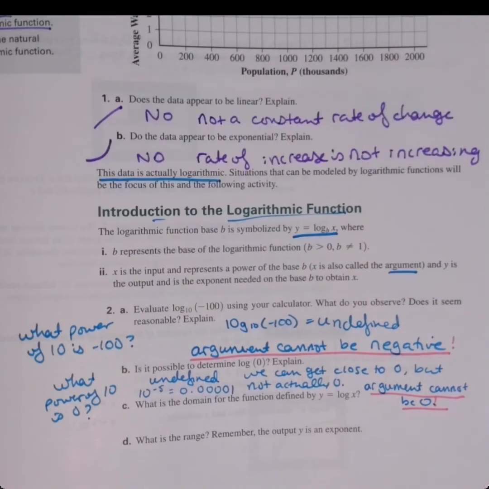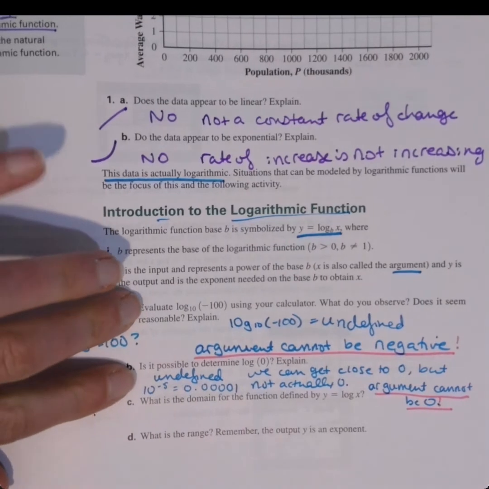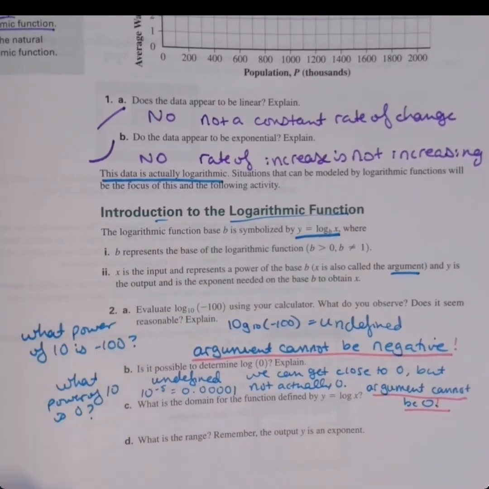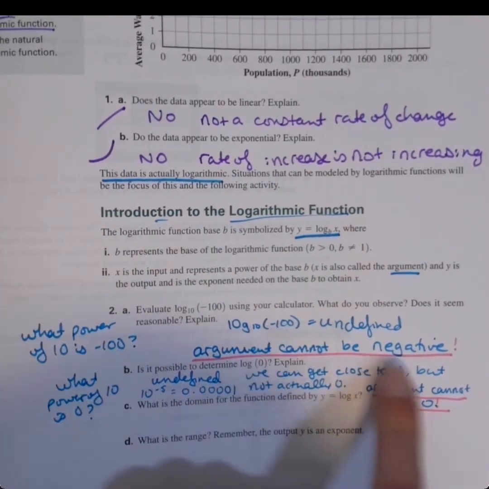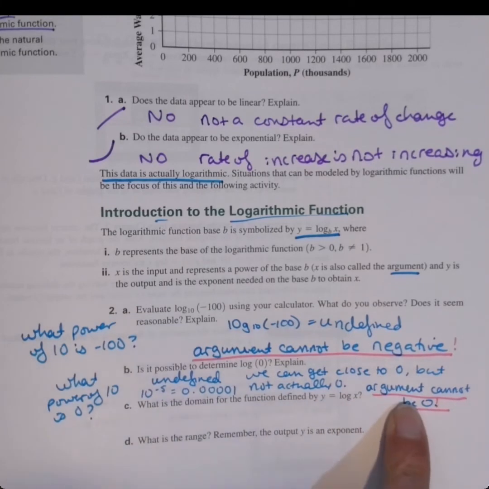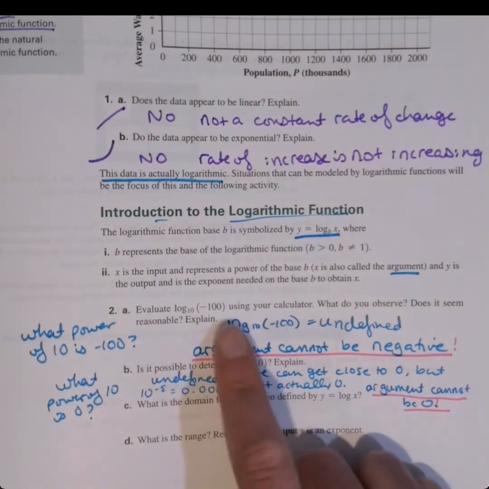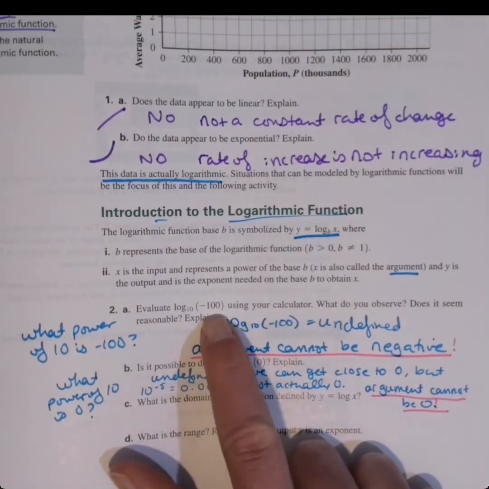So what is the domain? They asked us these questions to try to help us figure out the domain. I know that negative numbers are not in the domain. I know that 0 is not in the domain. I can have any positive number, whether it's a small positive like 0.001 or a large one.